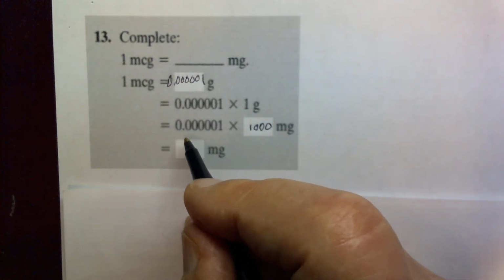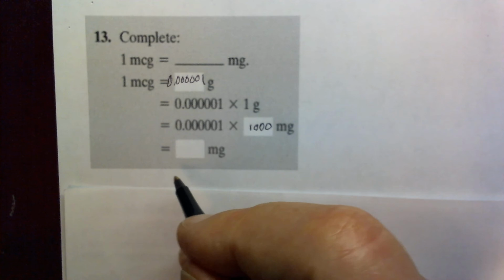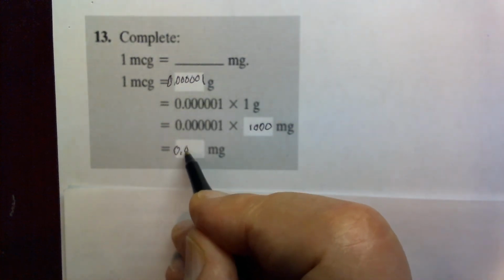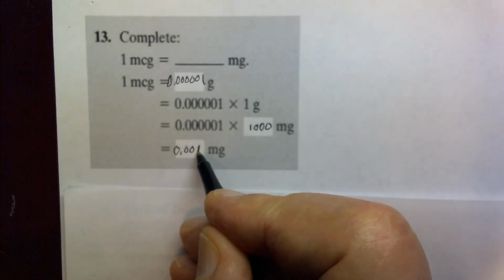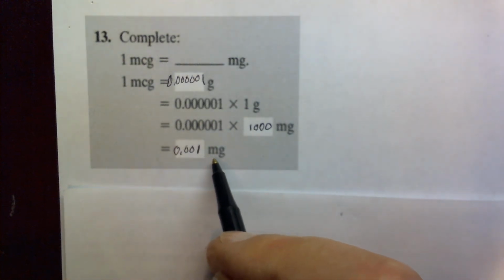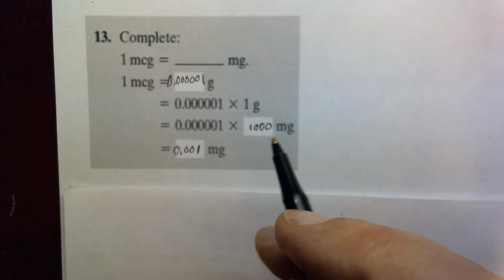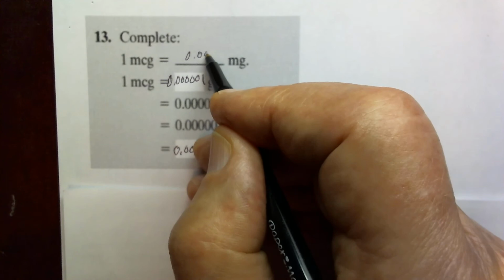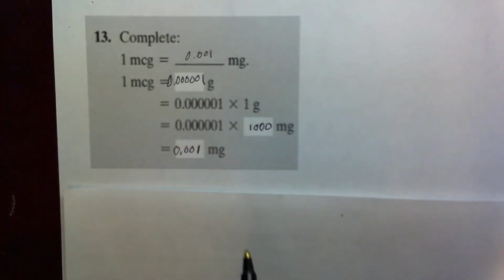Multiplying these two numbers gives us 0.001. In other words, 1 microgram equals 0.001 milligram. A lot of zeros, so make sure you keep track of the decimals.